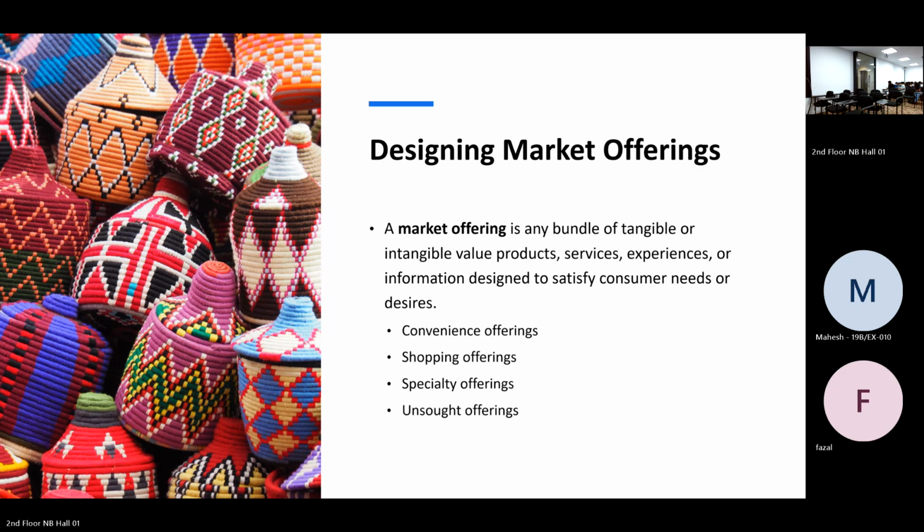Then specialty. Products which will be purchased by considering brand name.